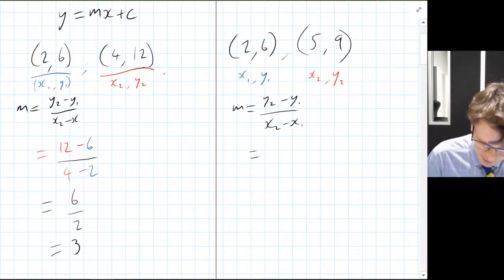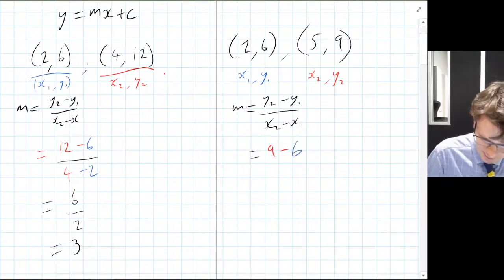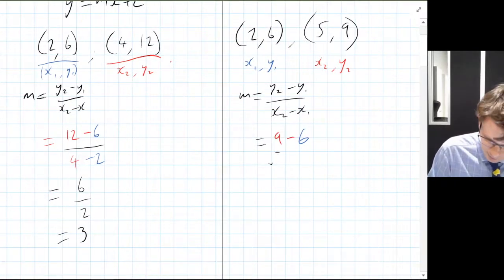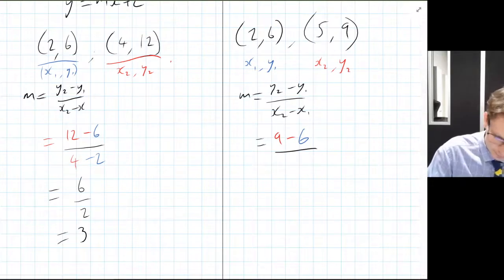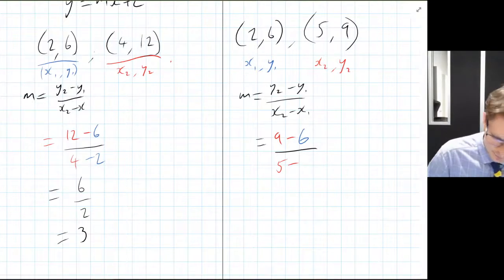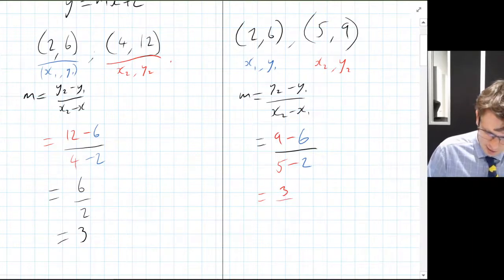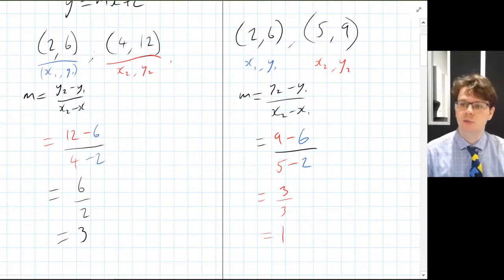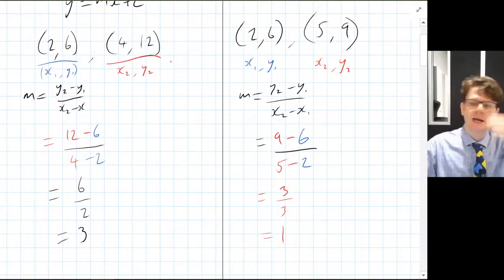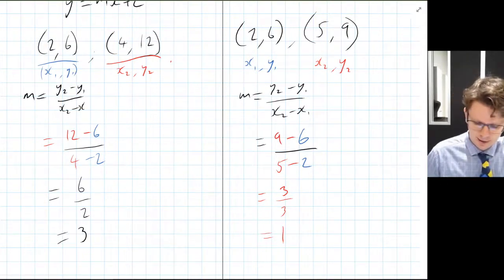Red points first, 9 minus 6 over 5 minus 2. In this case, 9 minus 6 is 3, 5 minus 2 is also 3, and 3 divided by 3 is 1. So the gradient between those 2 points is 1. Remember, any 2 points on the line will do, so as long as you find 2 points, it's nice and easy to work it out.